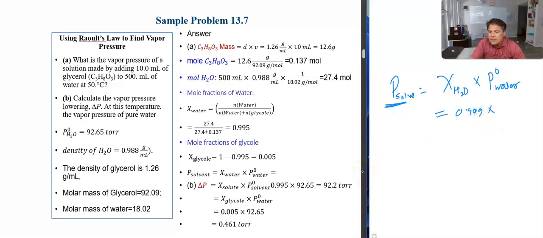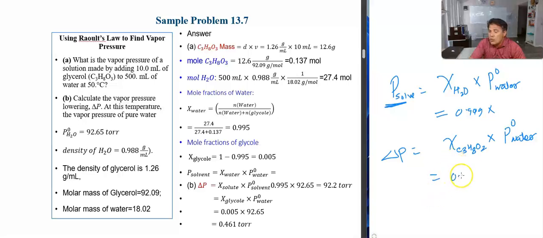That is the P solvent. But the vapor pressure lowering, delta P, is different. Delta P is equal to what? Instead of the solvent, you have to use the solute. So X solute, that is the glycerol, times P naught of water. That is the formula for the vapor pressure lowering.